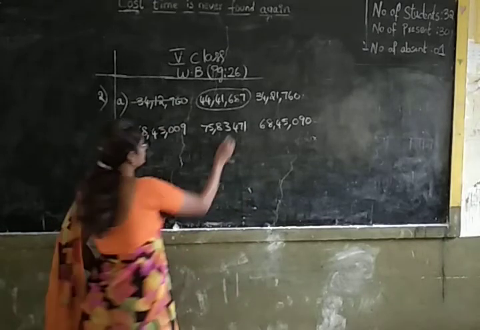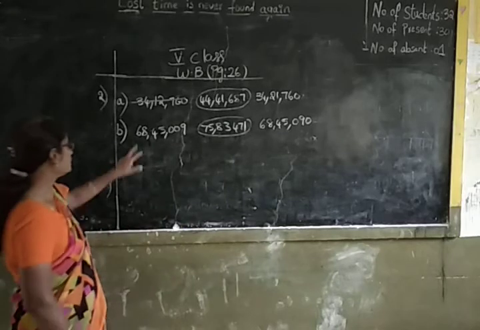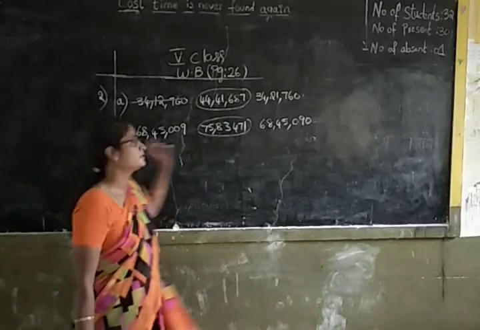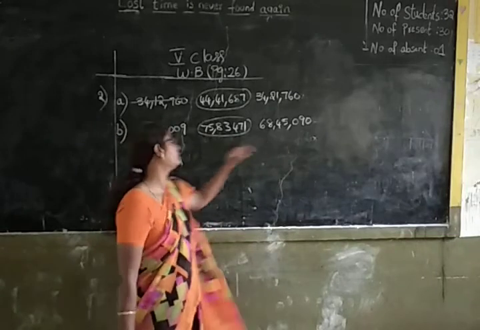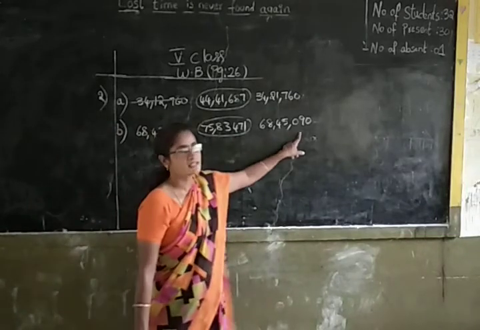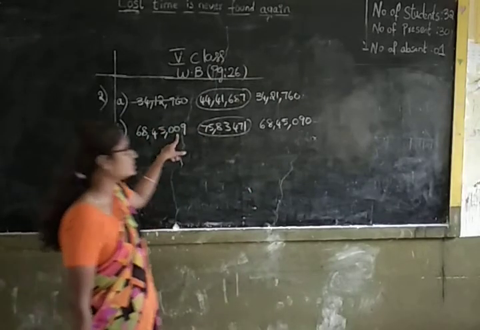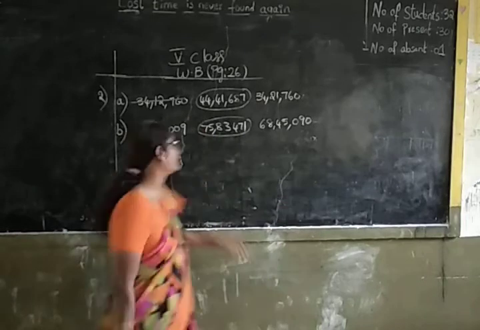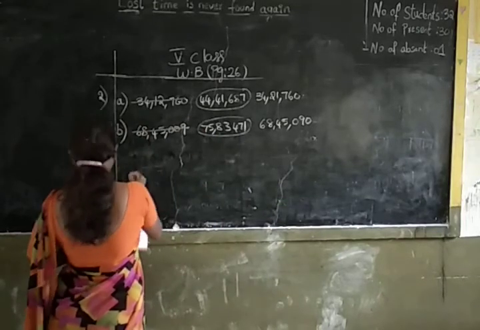So you all know that 75 is the largest number. In these, both these numbers are having the same number in their lakhs period and the same number in their thousands period. In the hundreds place, this number is having 0 and this number is also having 0. In the tens place, this number is having 0 and this number is having 9. So this is the smallest number, so you have to cross it away. Okay.